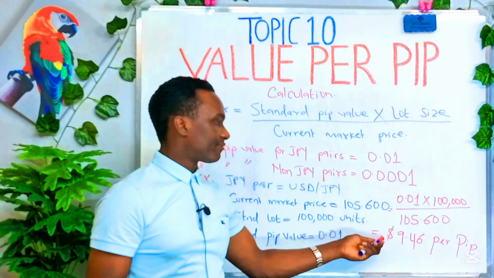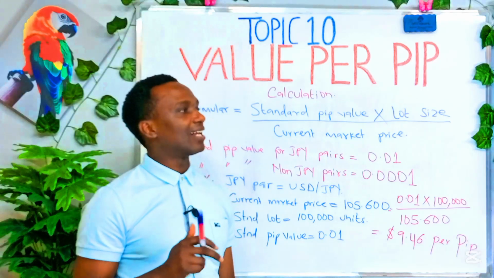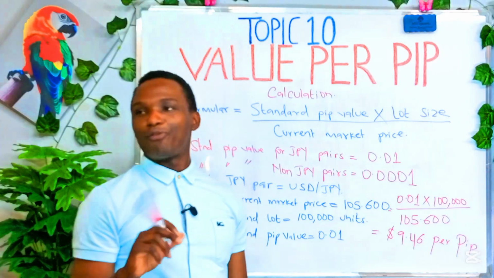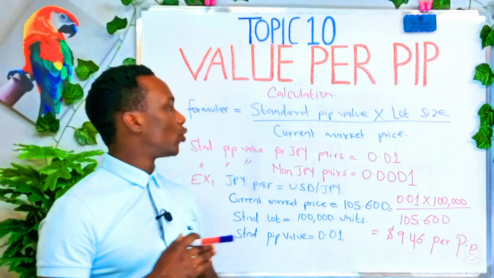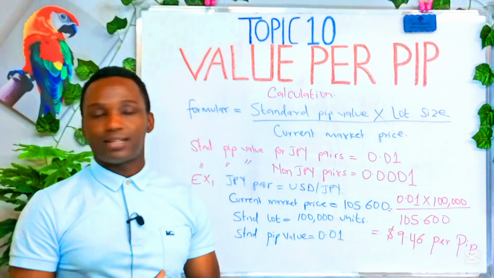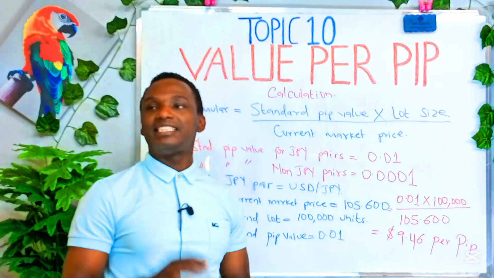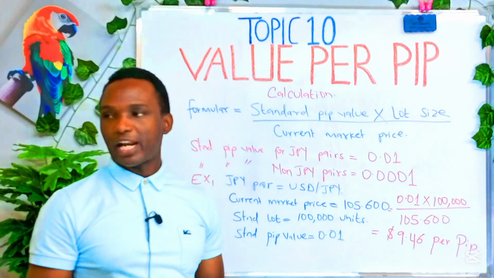Okay? Yes. How is that? Is someone getting anything? Or are you confused? Remember, we are going to look at more and more of these examples so that you really understand. All right? Remember, value per pip calculation is at the heart of risk management. Okay?